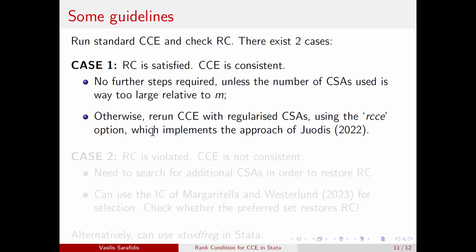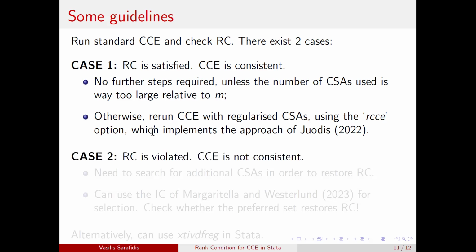So the idea here is to use the singular value decomposition to remove the asymptotically redundant singular values of appropriately normalized cross-sectional averages. I'm not going to go through the details. You can read Arturas's paper itself, as well as the help file of the XTDCC2 command on how to use this option when the number of cross-sectional averages is large compared to the number of factors.